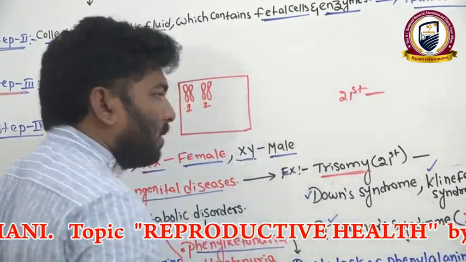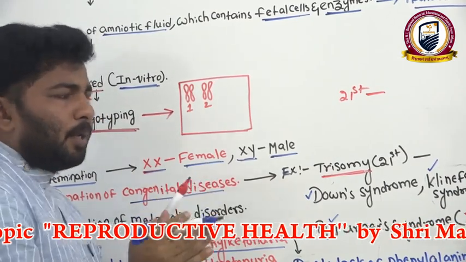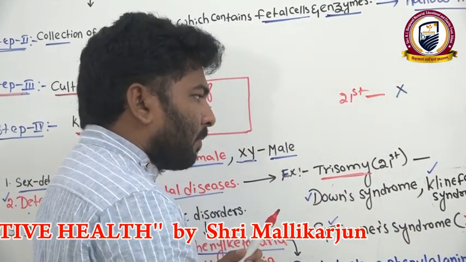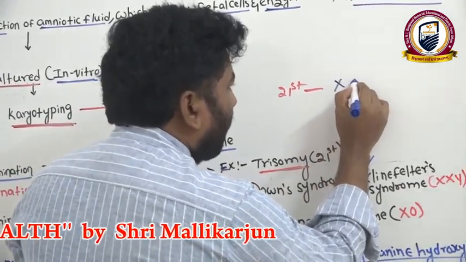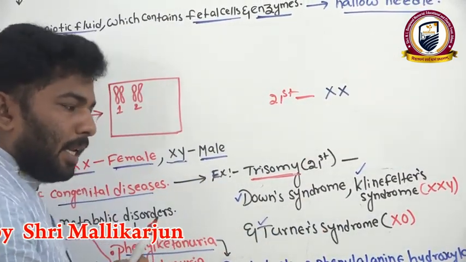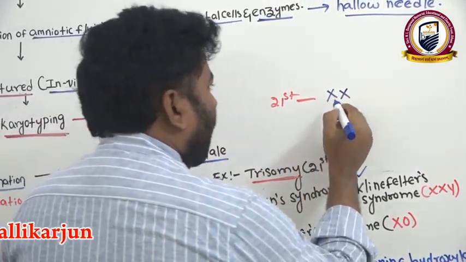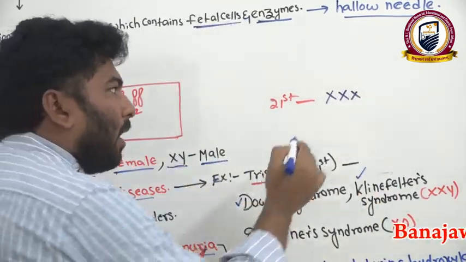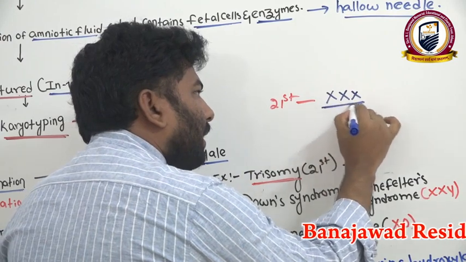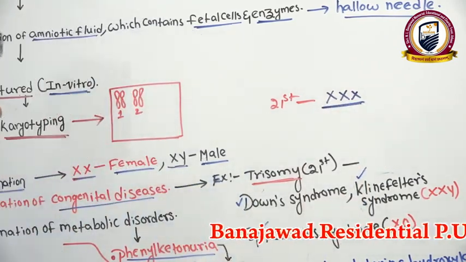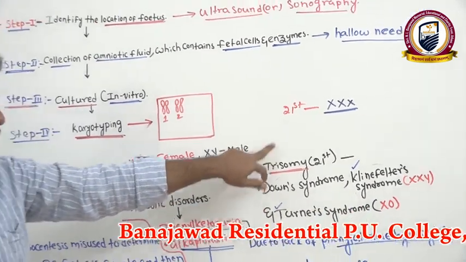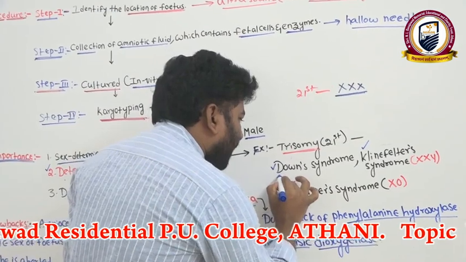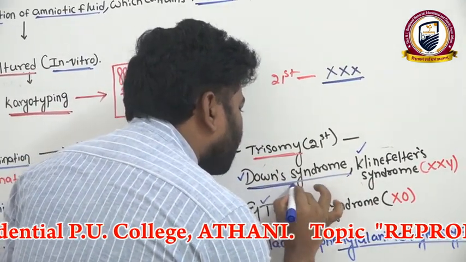Pair means two chromosomes. Normally two chromosomes are present there, but here one more chromosome is added in that place. If three chromosomes are there in that one place, we consider it a trisomy condition. In the trisomy condition, what we mainly get is Down syndrome.